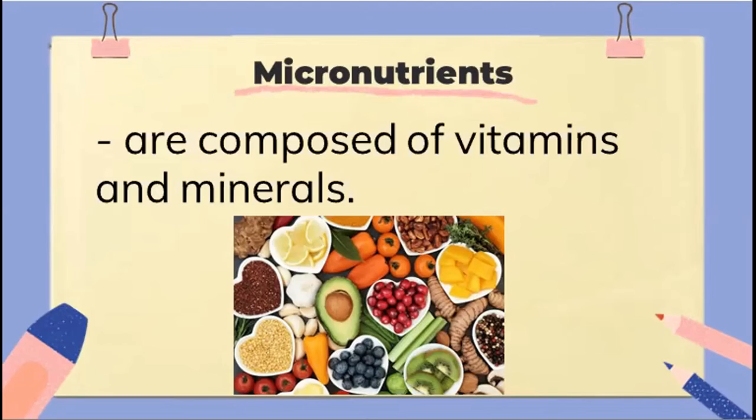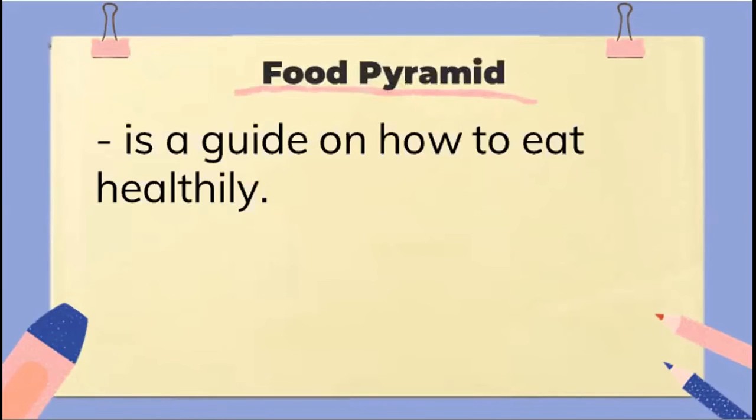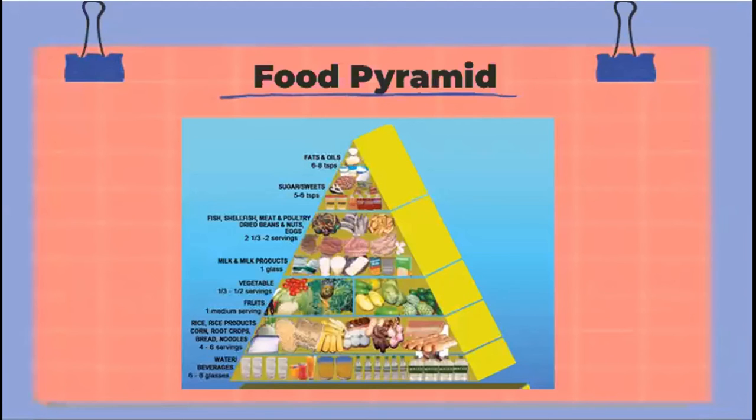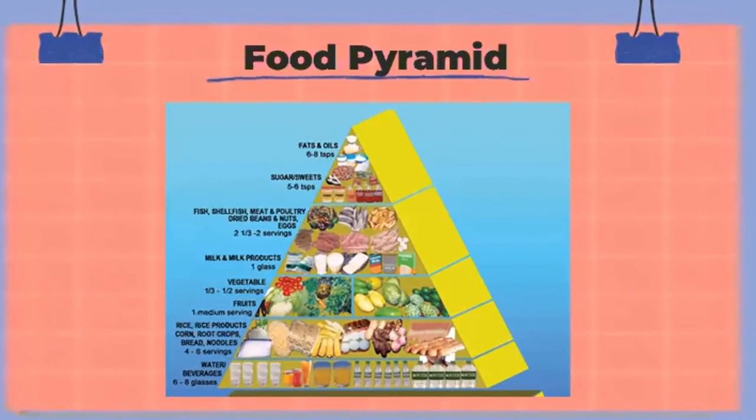And speaking of a balanced diet, another way for us to have a guide on eating healthily is by looking at the food pyramid. So what is a food pyramid? A food pyramid is a guide on how to eat healthily. It recommends food servings for different ages of children. There are many kinds of food pyramids, but today we are going to focus on the one that is suitable for you. This one is the food pyramid for children from 7 to 12 years old.